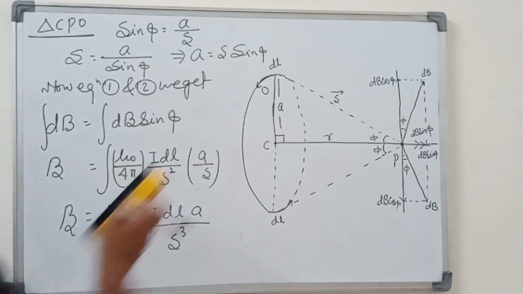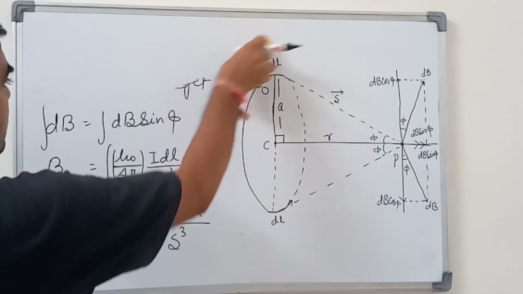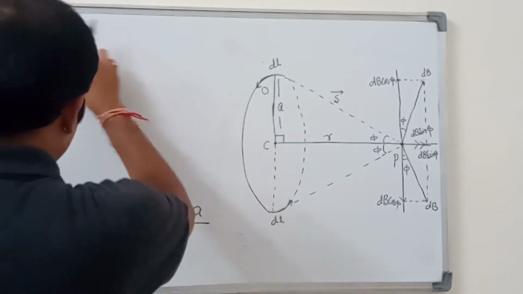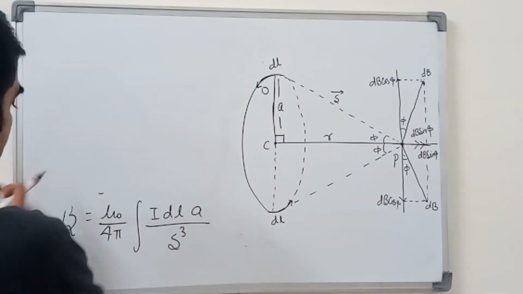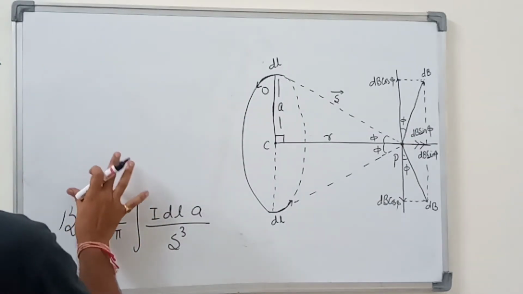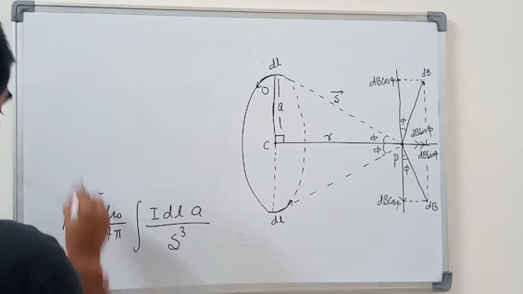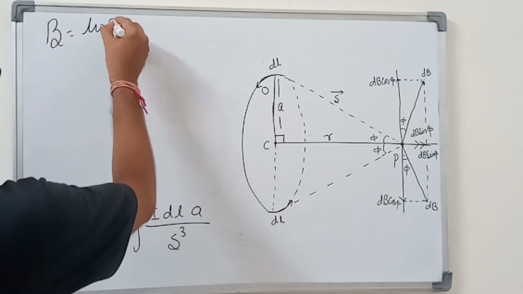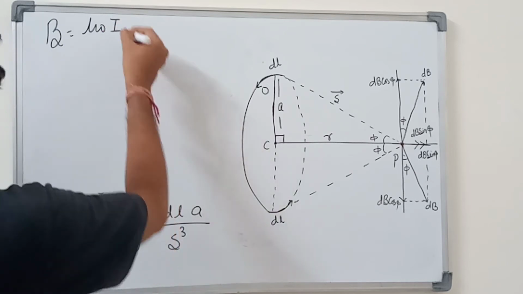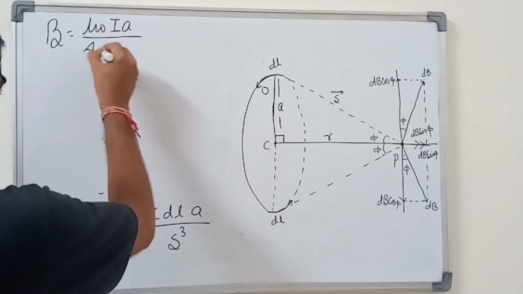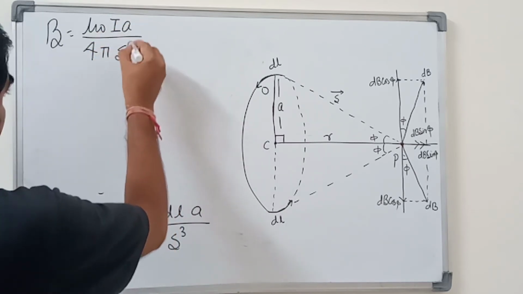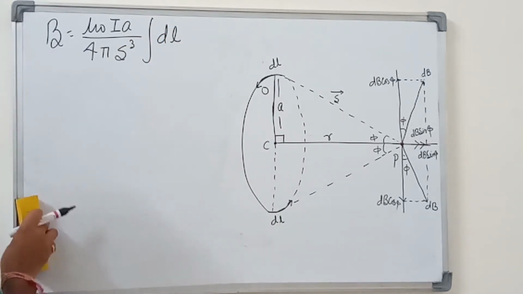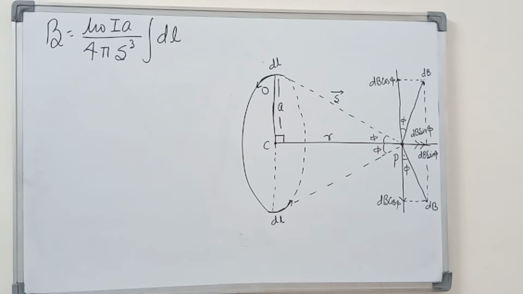Now the next step: B is equal to mu 0 I a upon 4 pi s cube, integrated only for the remaining dl.